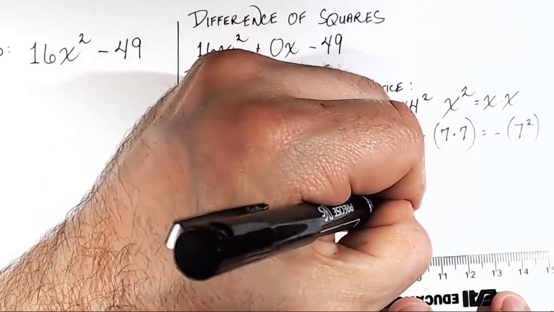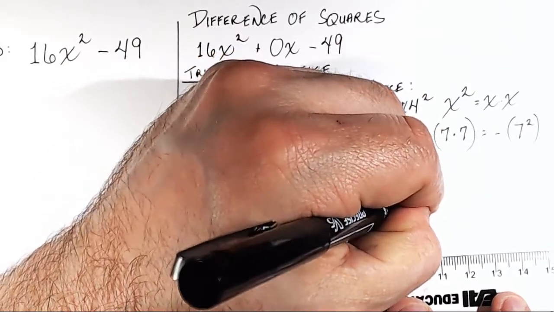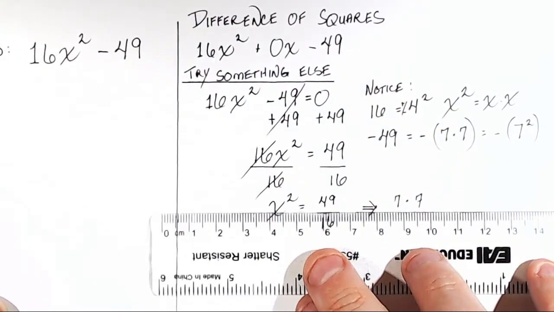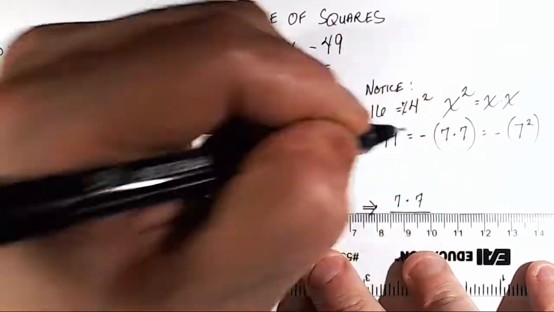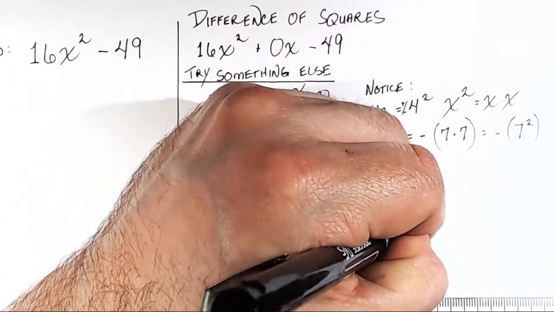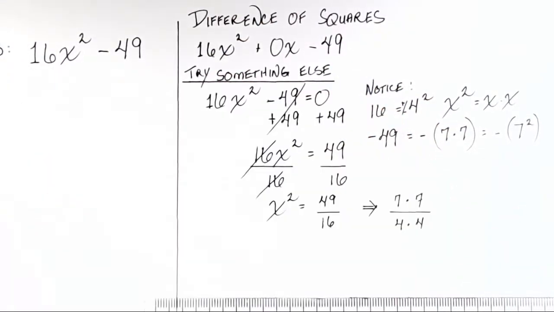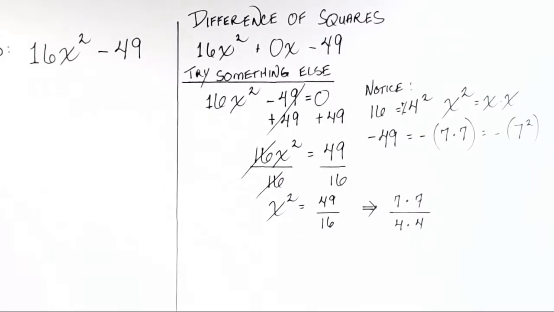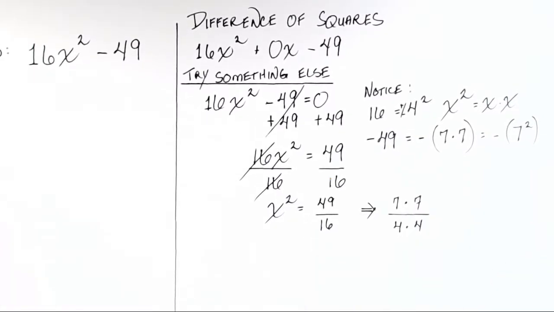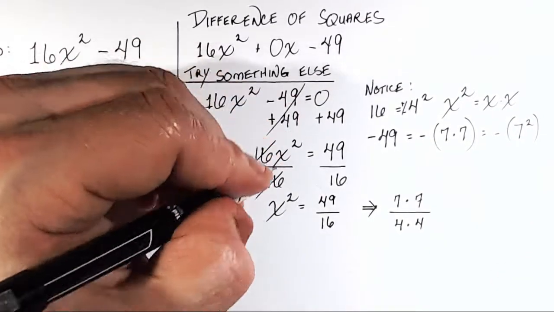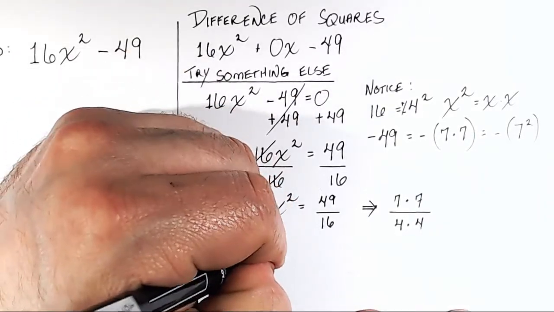Think about this. This equals 49, which is 7 times 7, over 16, which is 4 times 4. Okay? So let's take this slow.